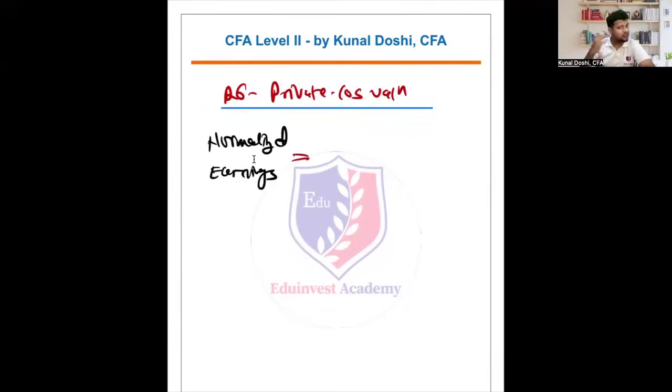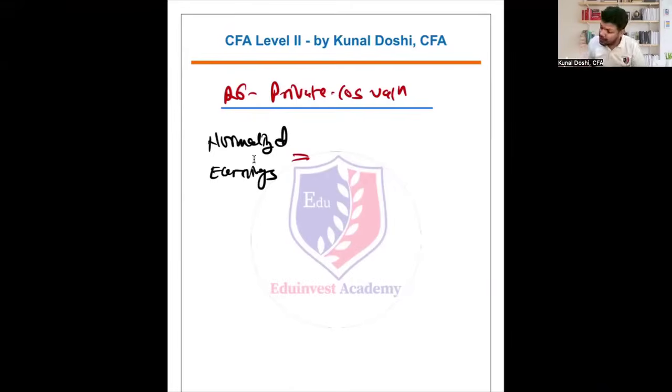Here we are going to, of course, exclude the non-recurring and unusual items, but we also need to adjust for the things that private companies do. Remember, private companies artificially inflate the expenses, reduce the taxes and all those things, right? Or they might increase the owner's compensation to get a tax benefit, because many of these owners are family members.